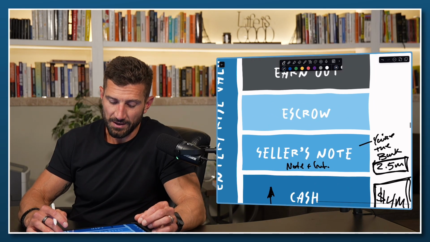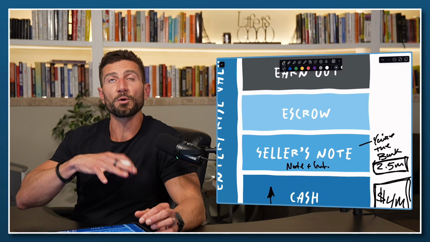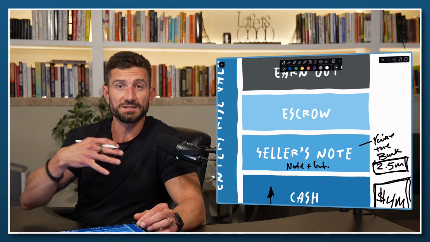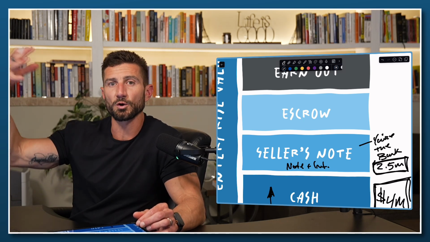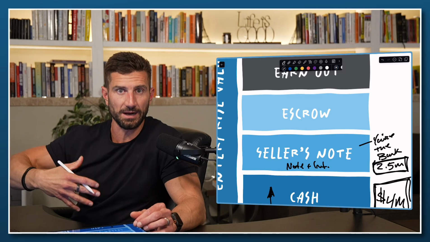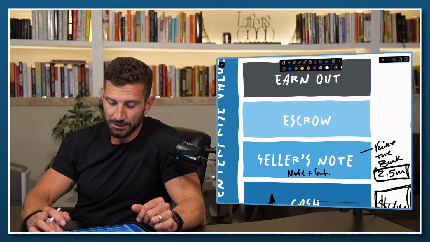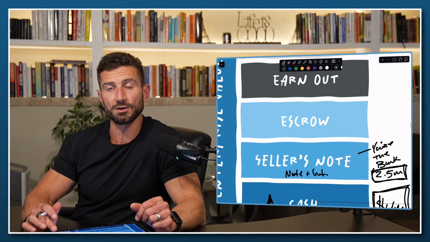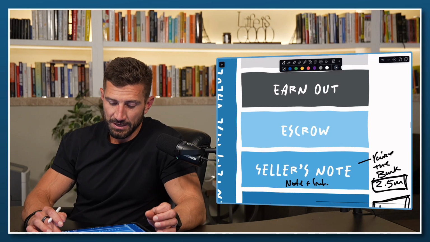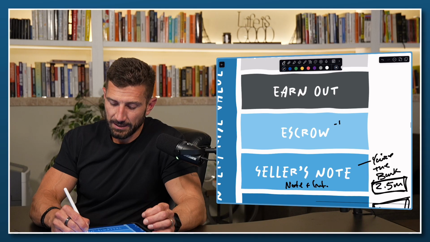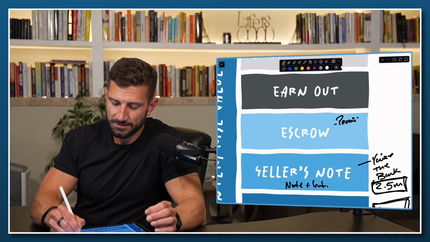Well, then we have escrow. And the point of the seller's note is that it reduces the need to go get the money from a bank or from equity. So you're participating in the cap structure and the capital stack and making sure that the buyout still happens. Escrow is a promise.